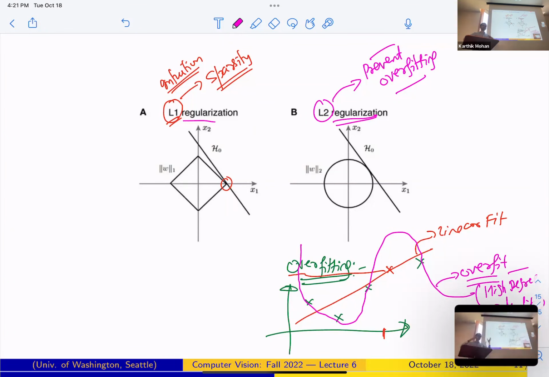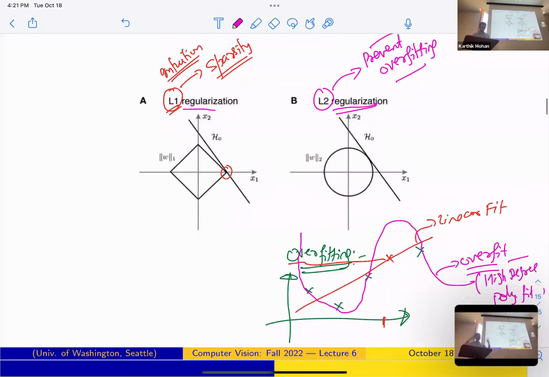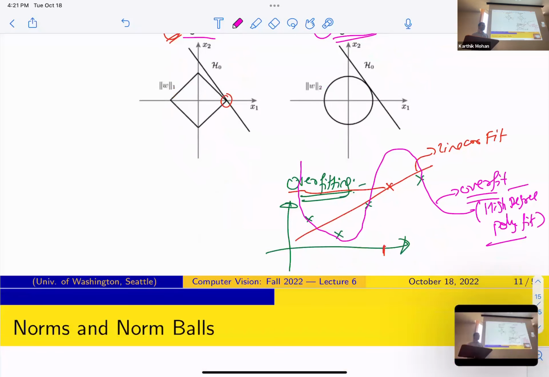Let's say you chose a 10-degree polynomial, and you're having 10 parameters to go through 4 points. Isn't that too much? If you add L1 regularization, it's going to put all the higher degree parameters to 0, because it likes to make things 0, and it's going to leave you with a linear fit. So you'll get back the original fit that you thought would be a good fit. That's how L1, when combined with machine learning, can help make simpler models.